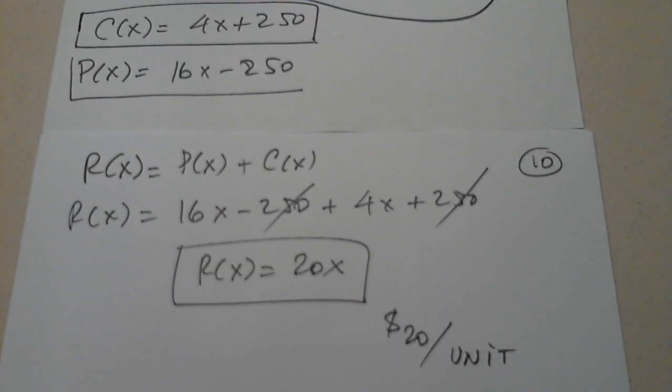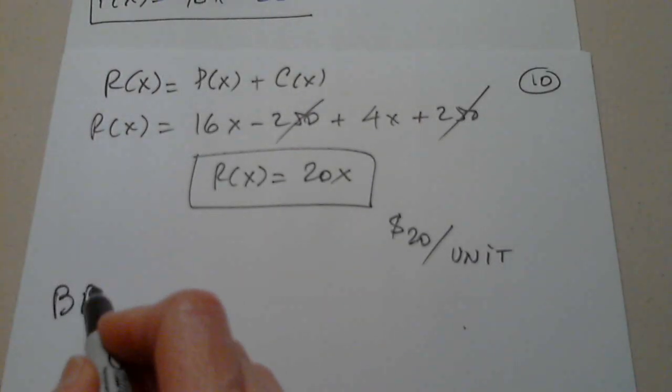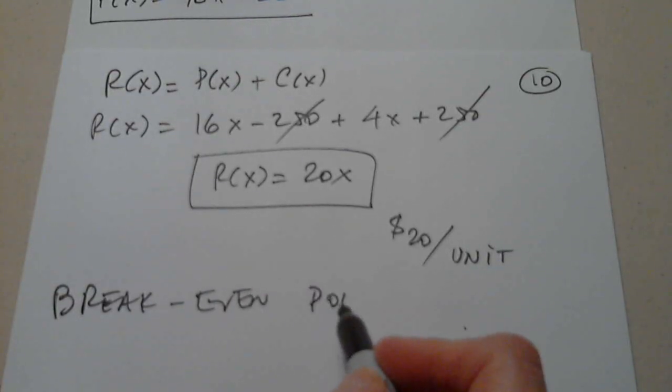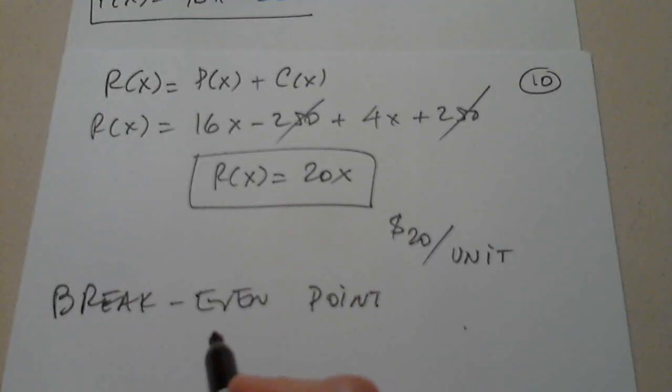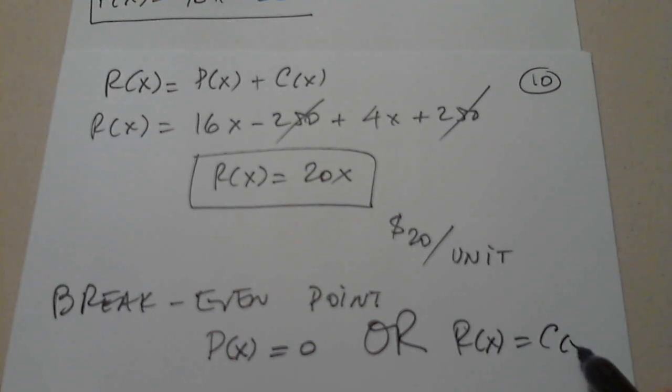And final question. How many does he have to mow before he begins making a profit? So this is something called break-even point. The break-even point is when the profit is 0 or when the revenue equals the cost.